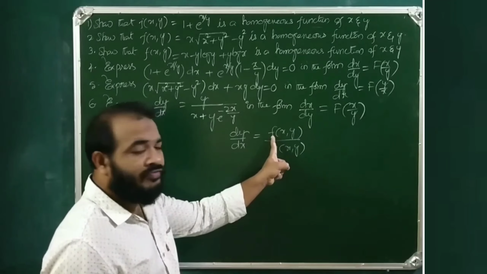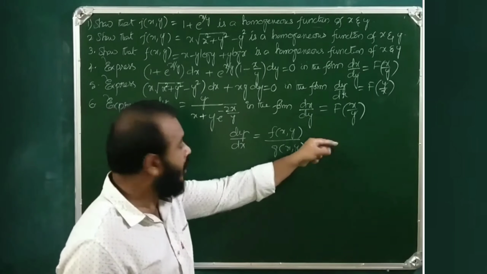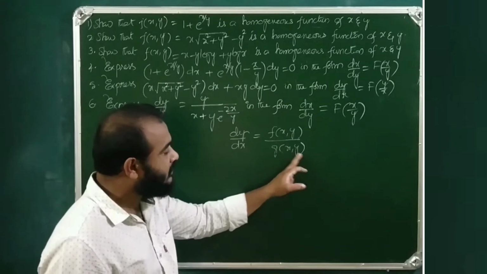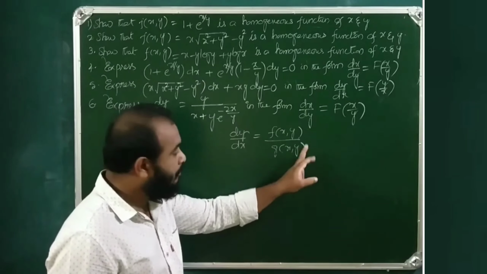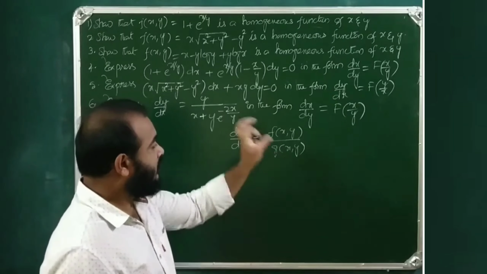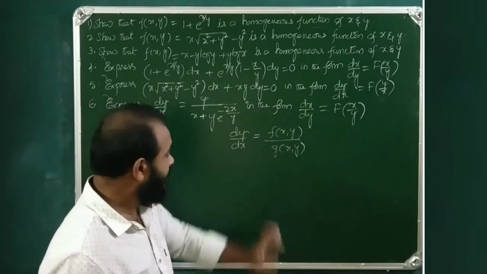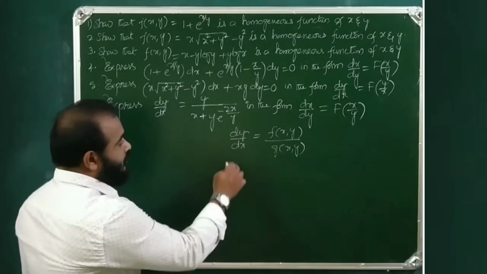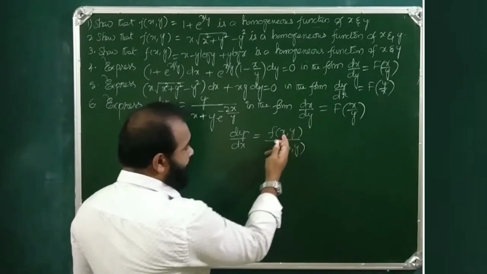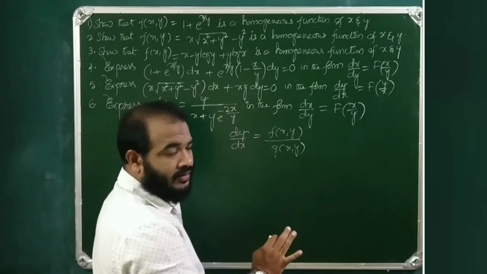On substituting, f of kx comma ky is equal to k power alpha into f of x, y, and g of kx, ky equals k power beta into g of x, y. So both should be homogeneous functions independently, of the same degree.